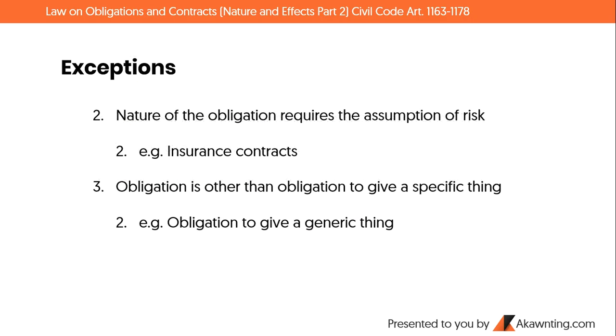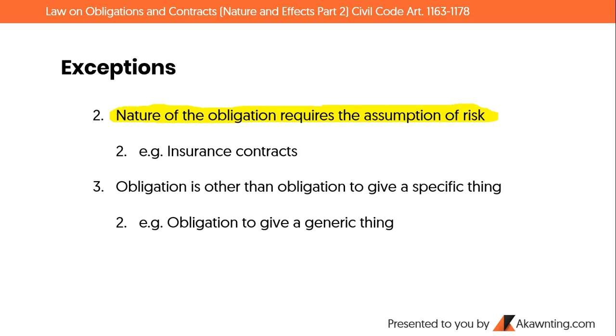Next exemption: the nature of the obligation requires the assumption of risk. Okay, so the best example is our insurance contracts. So, let's say fire insurance, specifically fire insurance on a building.